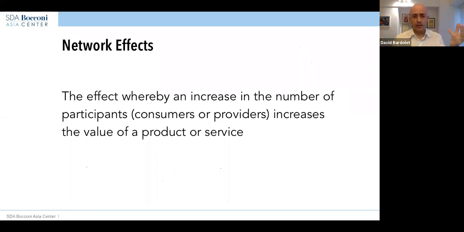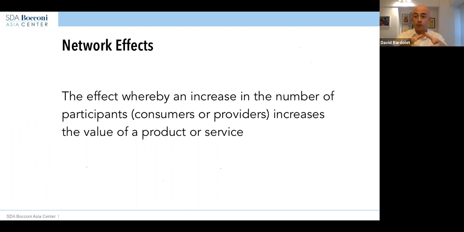So it's very simple to understand. If you think about a platform with only 1 buyer and 1 seller, it has very little value. Because if the seller doesn't have what the buyer wants, there's no transaction whatsoever.